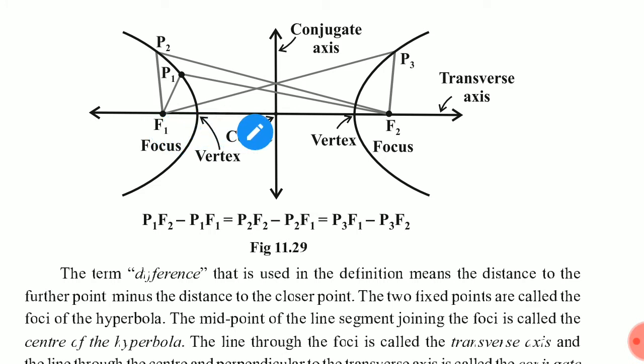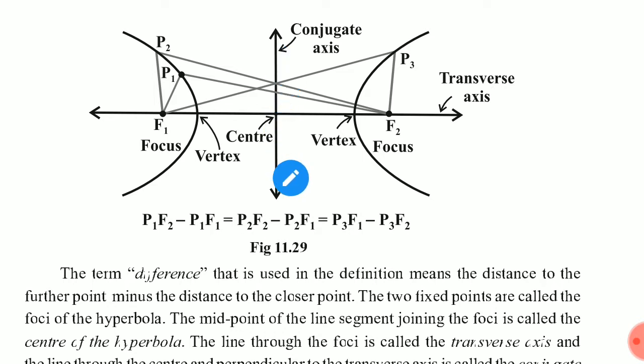Now this axis is called the transverse axis and this is the conjugate axis. You remember these names. This is called the center and it lies in this figure on the origin. Origin means the intersection of the x-axis and y-axis.